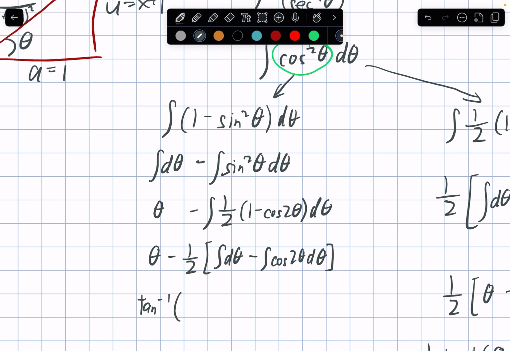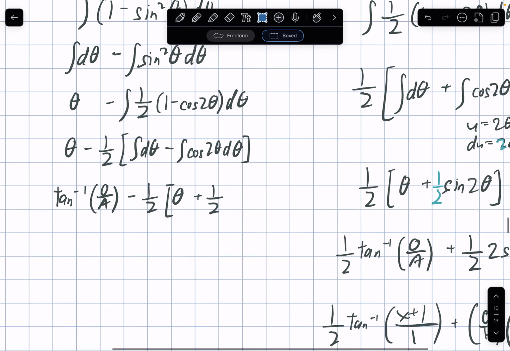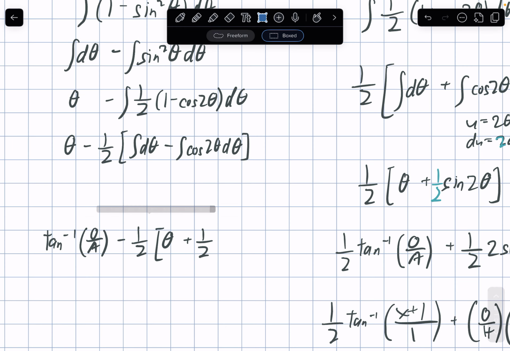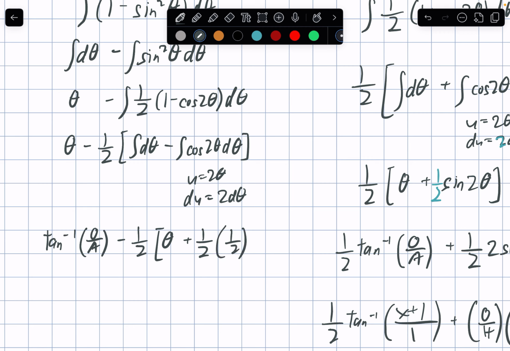So arctangent O over A minus 1/2 theta plus 1/2. Okay. Wait a minute. So we have 2 theta, right? du is equal to 2 d theta. So we put another times 1/2 from outside.